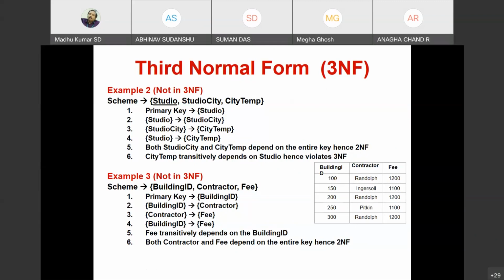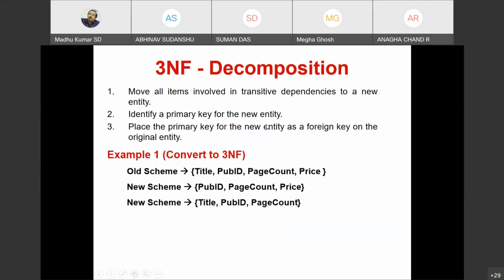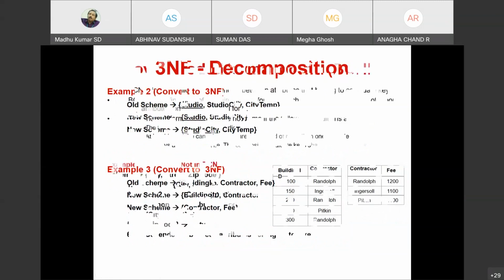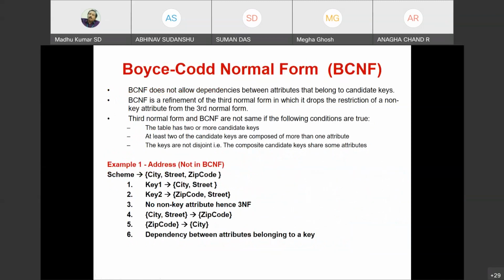But if there is more redundancy, then people go for higher normal forms like BCNF, 4NF, and even 5NF. So we have seen different examples of 3NF relations and how they can be normalized to 3NF.